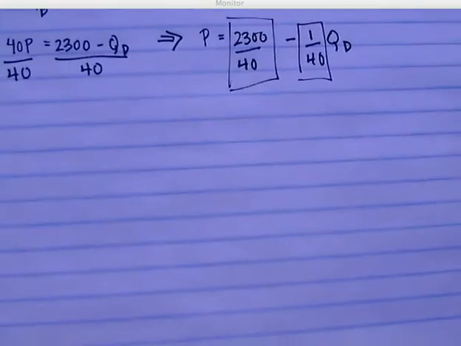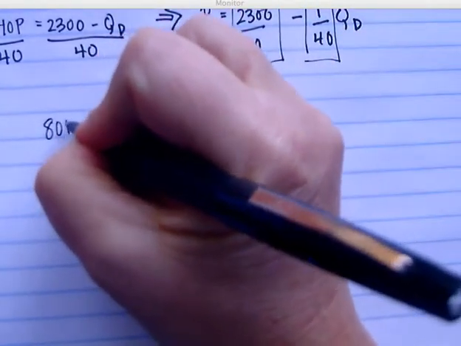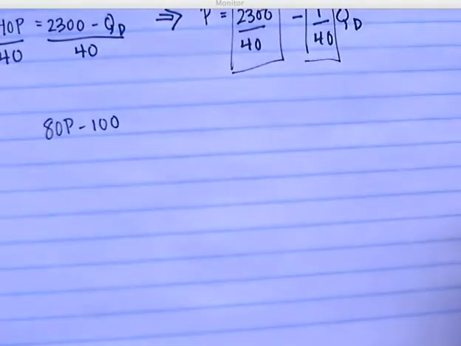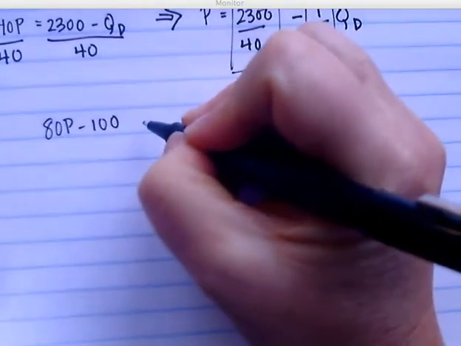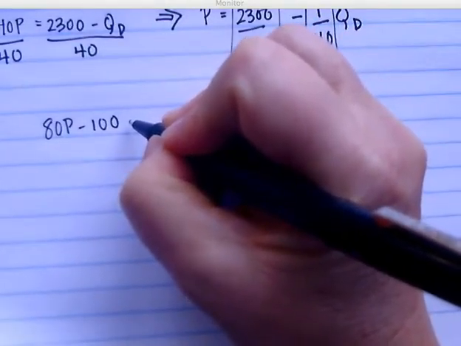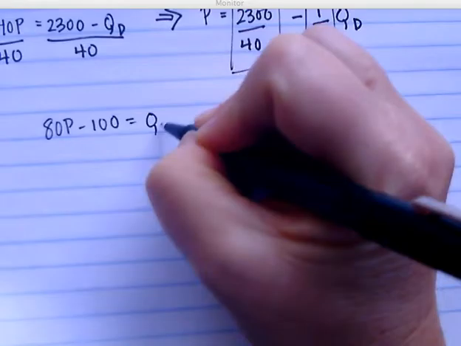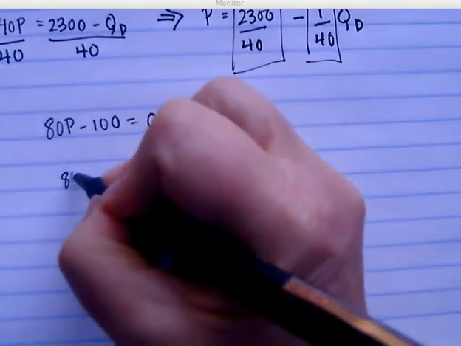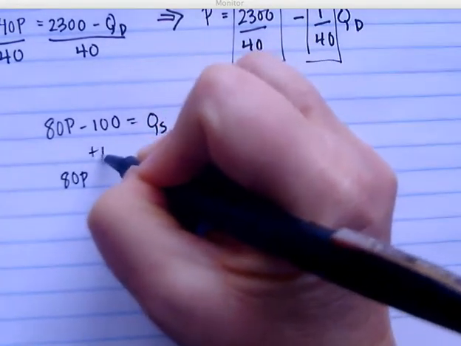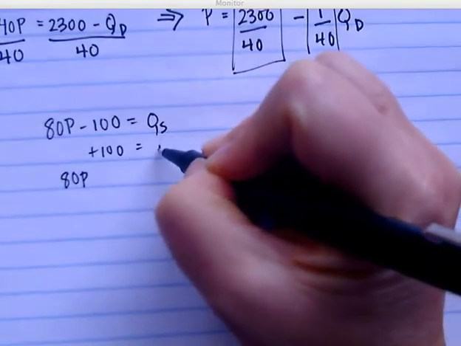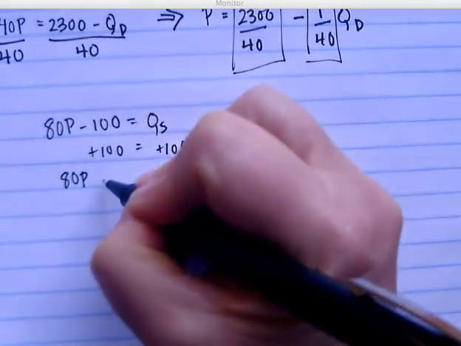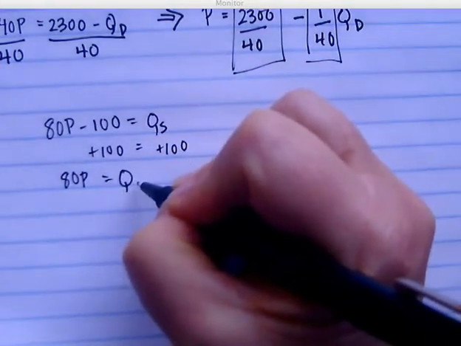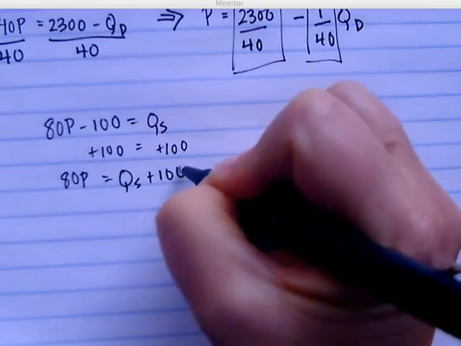So the supply curve is 80p minus 100, where that's the quantity supplied. We want the p to be by itself. So we get 80p, add 100 to both sides: 80p equals the quantity supplied plus 100.